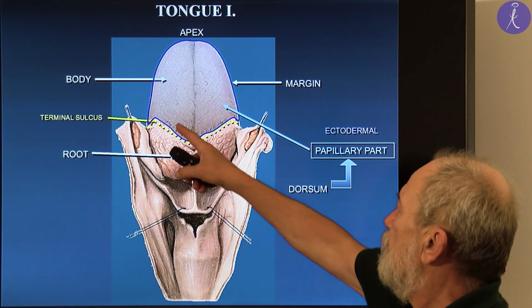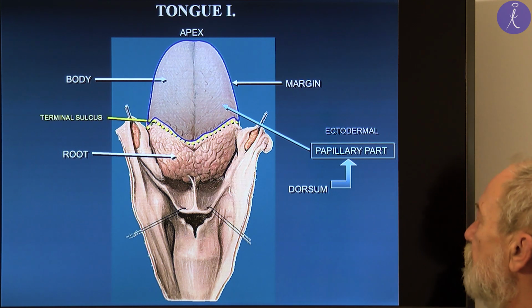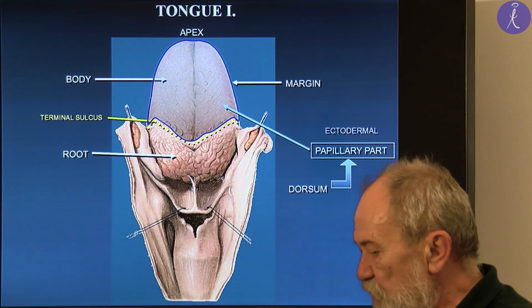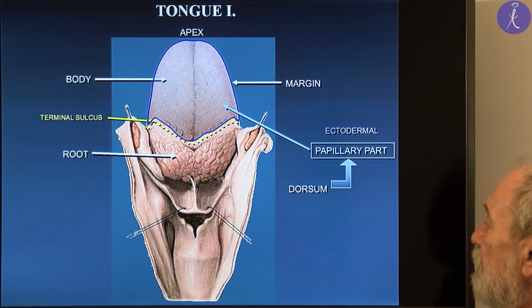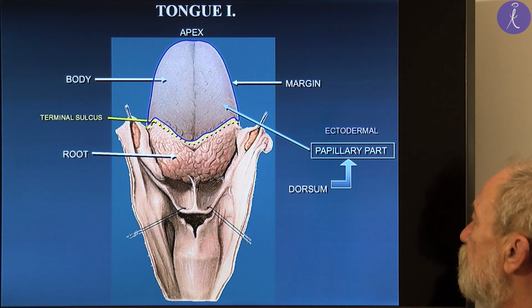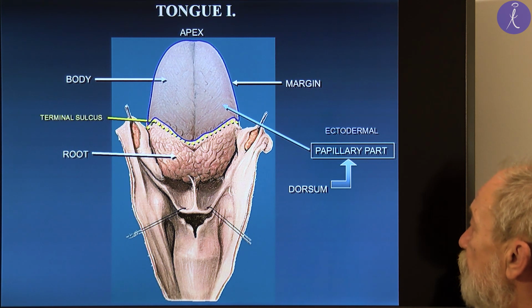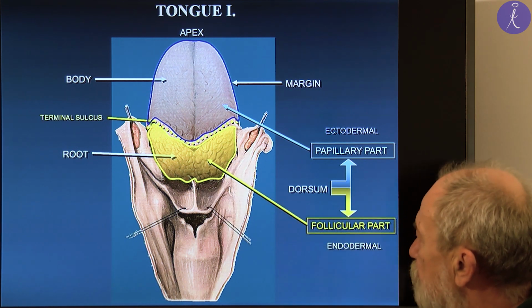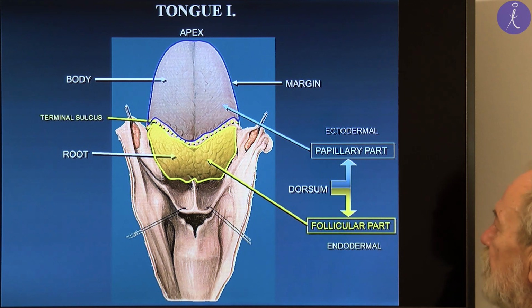So the papillae of the tongue are located here. Not only these big ones, but the very small filiform and fungiform papillae make it a very smooth but slightly irregular surface. The posterior part has bigger elevations representing lymphatic follicles beneath the mucous membrane.